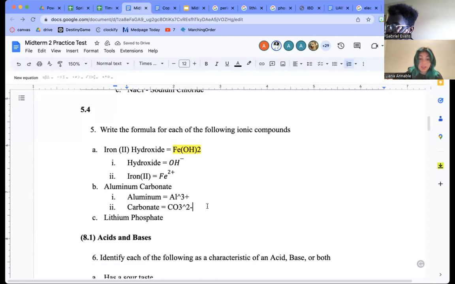Yes, correct. So we have our 2 compounds, aluminum and carbonate, and we need to put them together, right? This one doesn't fit as nicely as the first one because we have to find a multiple between 3 and 2. And that would be what?